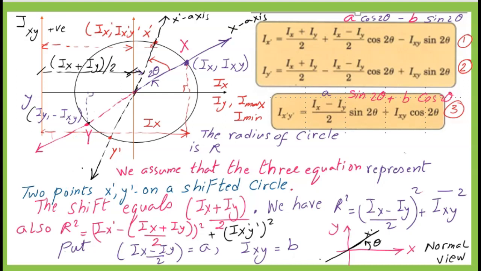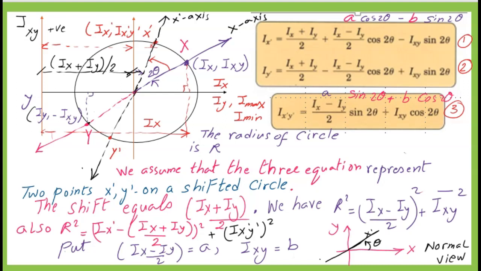We have axis x dash, which can be obtained by joining the center of Mohr's circle of inertia to point x dash, which has a coordinate of Ix dash, Ix dash y dash. The opposite point is point y dash, which has a coordinate of Iy dash, minus Ix dash y dash.